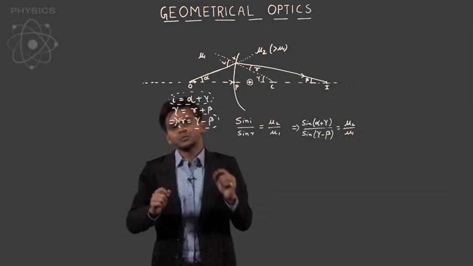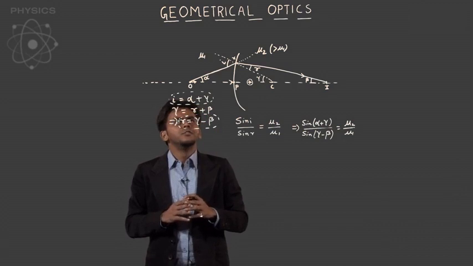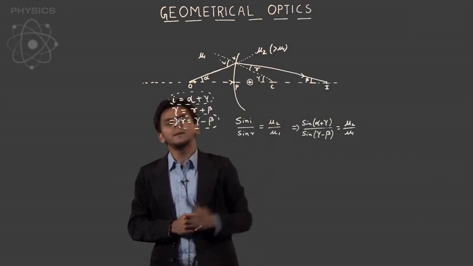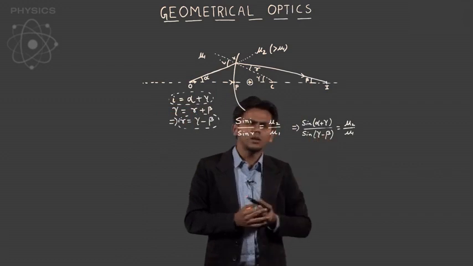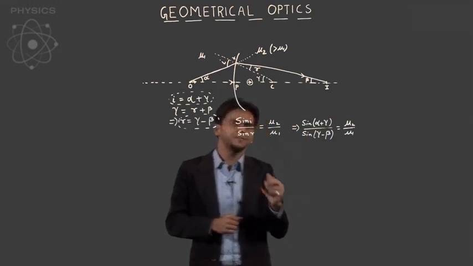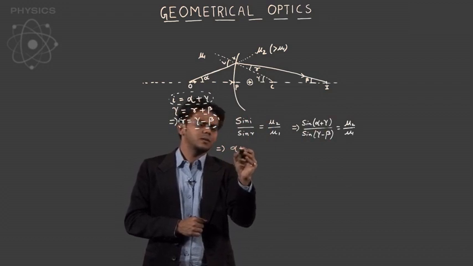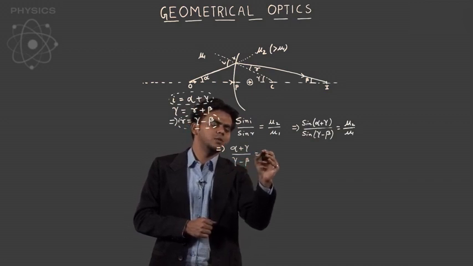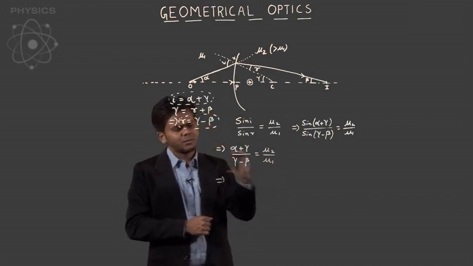In all the situations of geometrical optics, we have to assume that the rays are paraxial, which means alpha is small. In effect, beta, gamma, I, R are also small values, which means alpha plus gamma is small. So I can approximate sine of alpha plus gamma as just alpha plus gamma. So I can just simply write this as alpha plus gamma upon gamma minus beta is equal to mu2 upon mu1. Cross multiply them.